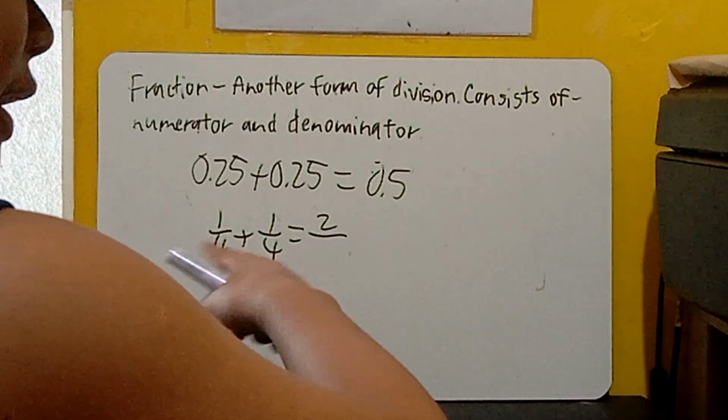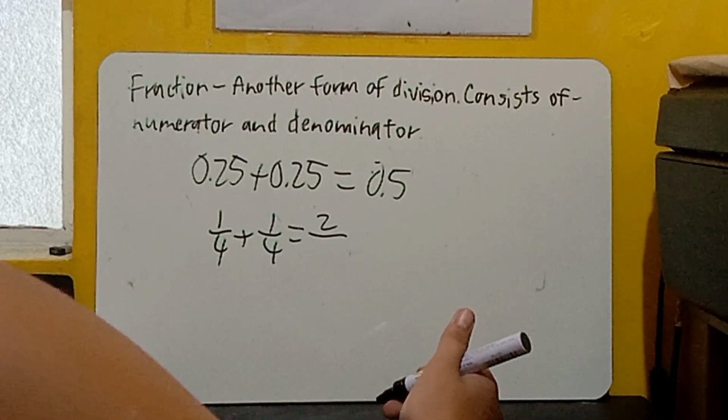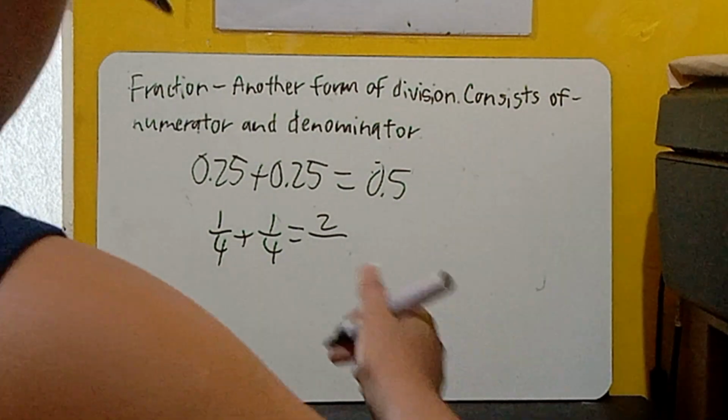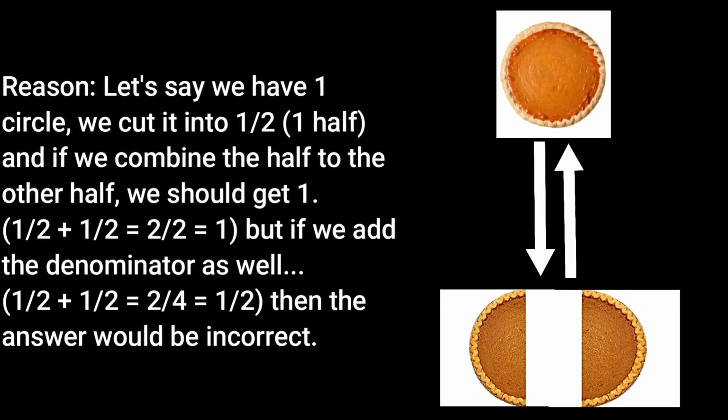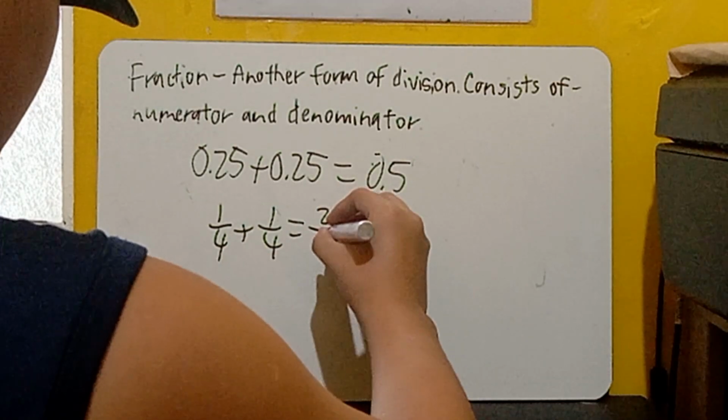We don't add these, because if we add these two, then we're gonna break some math rules. I'll tell you why it breaks the math rules. So right here we just copy the 4.